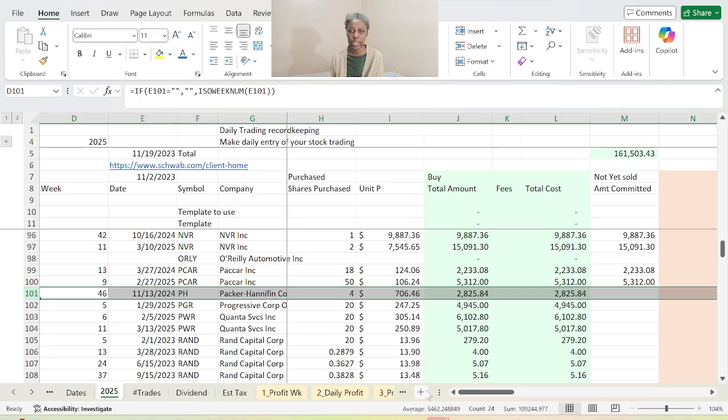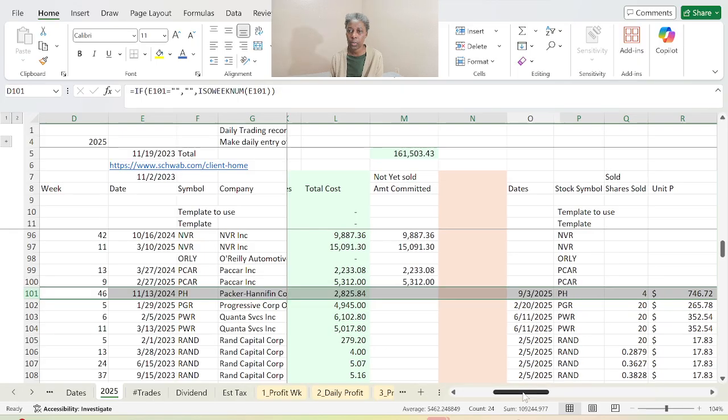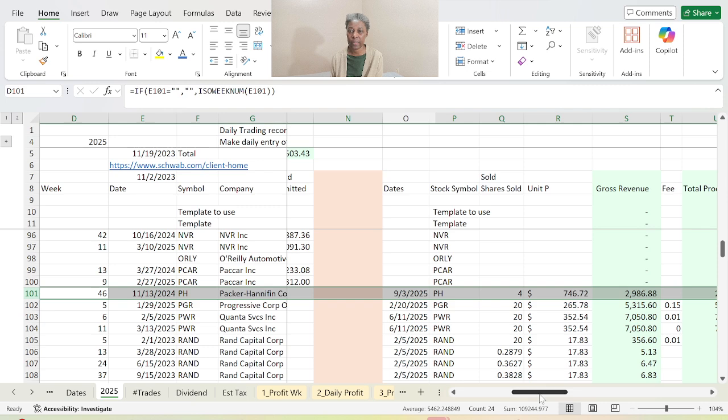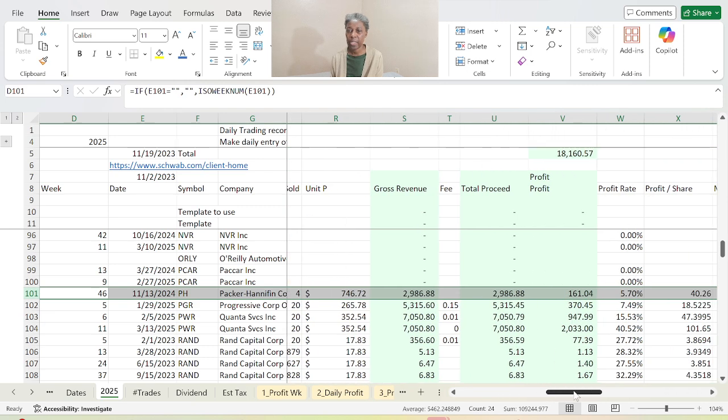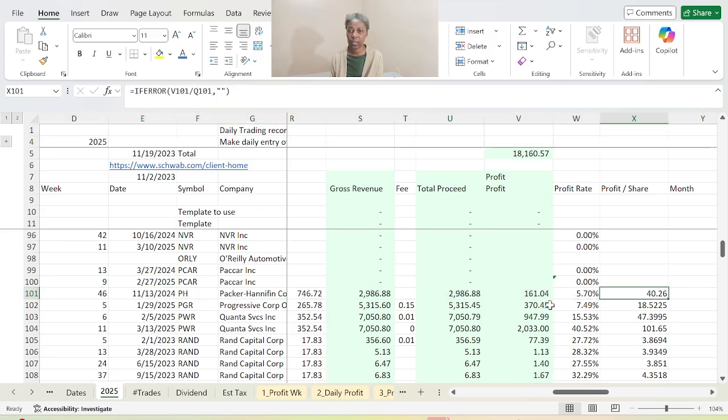If we take PH, we purchased it at 706 in November, and we sold it in September for 746. We didn't pay any fee on that, and we made $40 profit per share, or $161 total, and that is a 5% return.